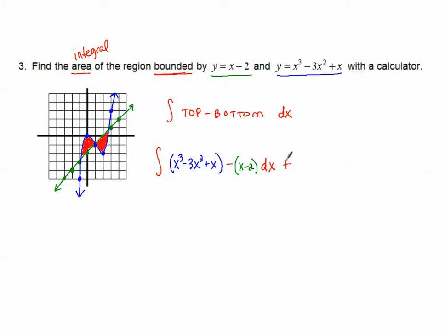Combine that with, add that to, the integral. Now the green one, or the linear one, is on top. X minus 2 minus the cubic function, because now it's on the bottom, or lower.